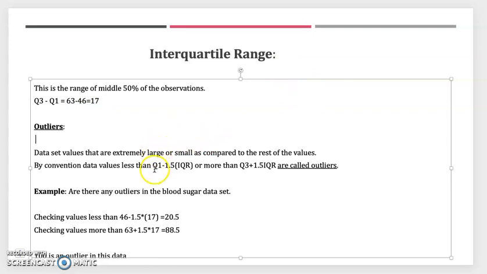So here is our definition. In order to find an outlier, we use the first quartile minus 1.5 times the interquartile range. If any number is less than this, it is an outlier. Or if you have your third quartile plus 1.5 times the interquartile range, then it will be an outlier as well.